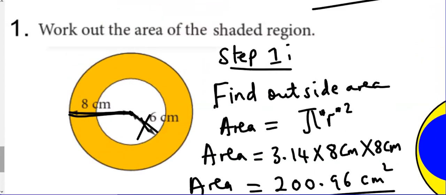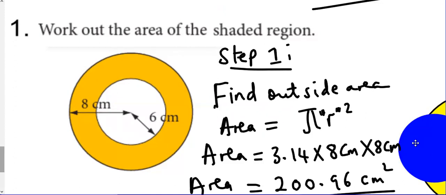Now the next step will be to calculate the area of the inside part. Now the inside part, let me show you, is this one here, which also looks to me like a circle. Can you see that? So I have to find the area of this circle. In order to show it clearly, let me try to shade the shape I'm talking about.